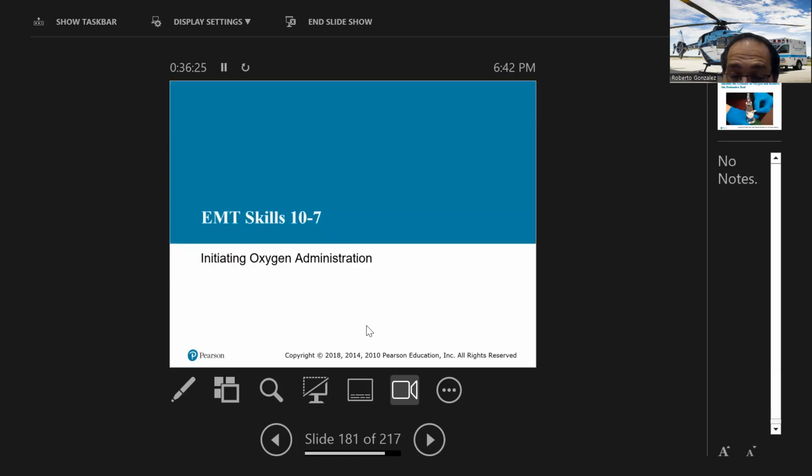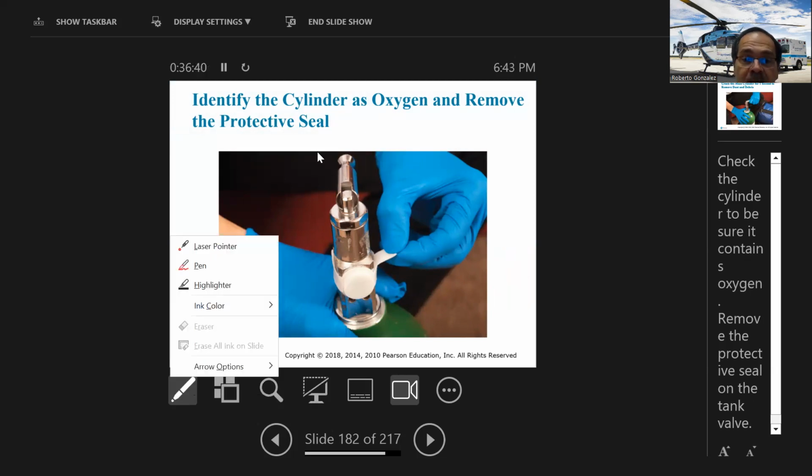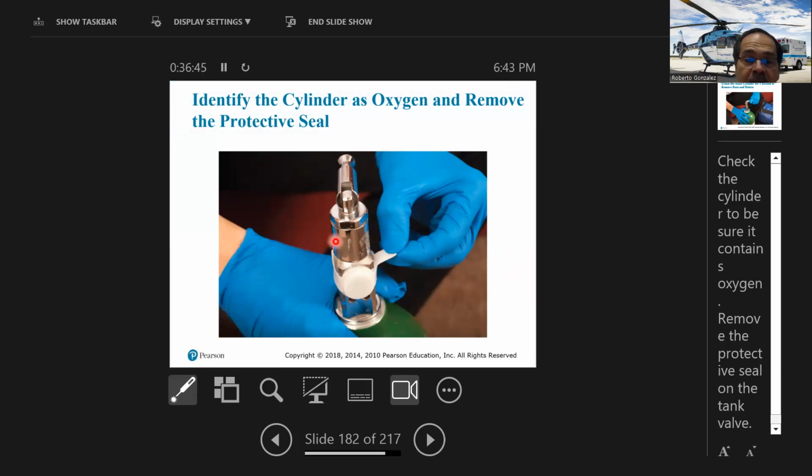Initial oxygen administration. In this case, what you get to see is a regulator. And the regulator itself, I don't know if you're going to be able to see this. Let me see. Yeah, you get to see the regulator right here.